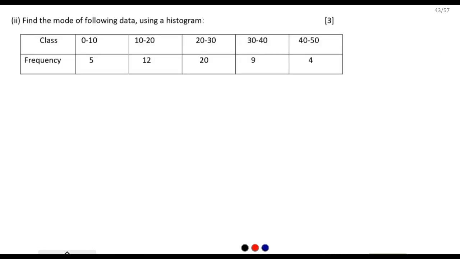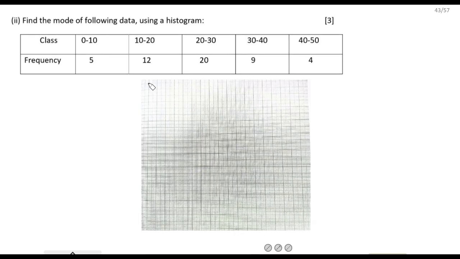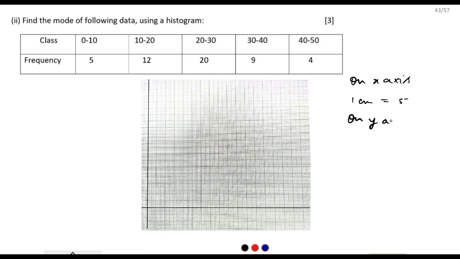Second part, find the mode of the following data using histogram. On x-axis, we are taking 1 centimeter is equal to 5. And on y-axis, one centimeter is equal to 2 frequency. This is 10, 20, 30, 40 and so on.